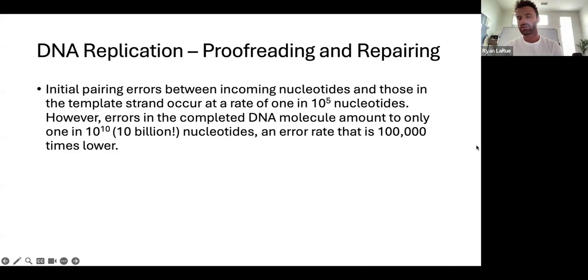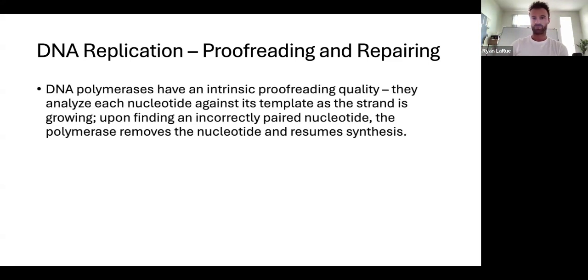So how does the cell correct these mistakes? And I'm sure you won't be surprised to know that there are enzymes and enzyme systems involved. But even in addition to that, the DNA polymerases themselves have an intrinsic quality that if they accidentally put in the wrong nucleotide, they can quickly change it out, put in the right one, and keep going.